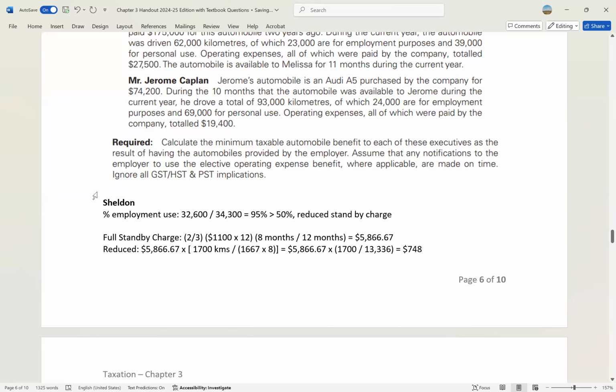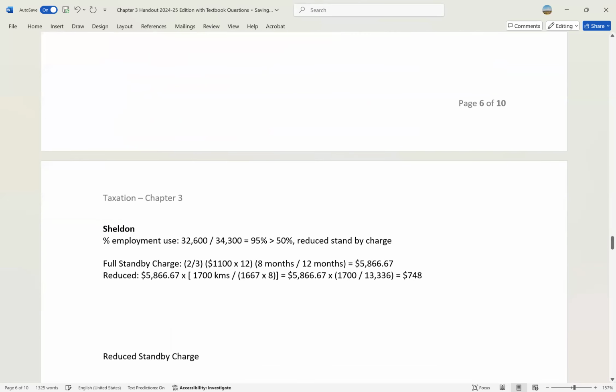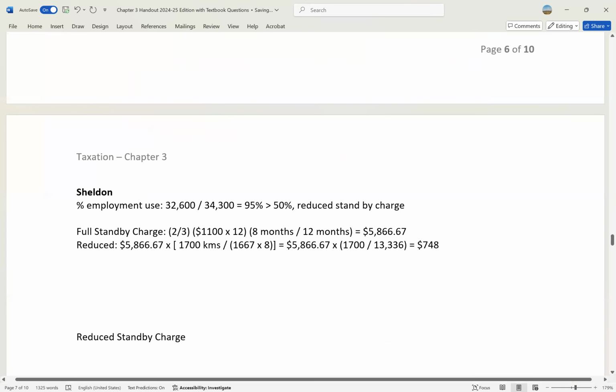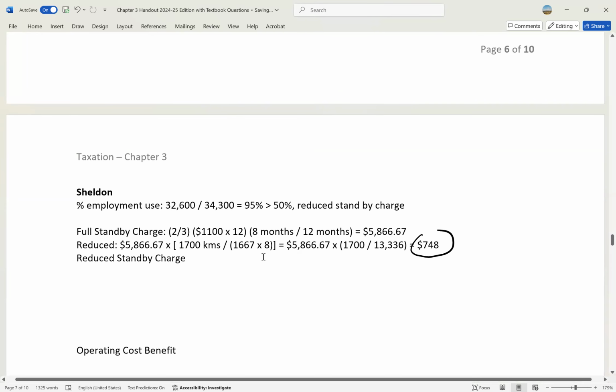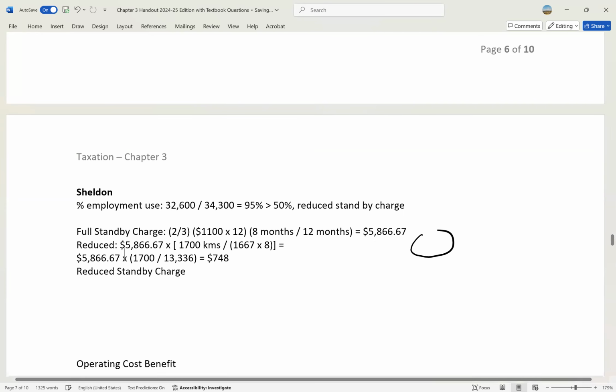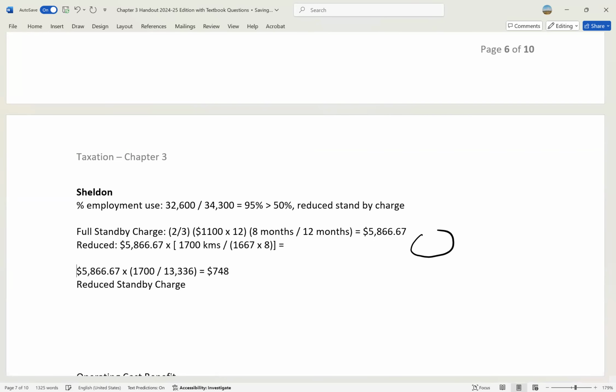I'm just going to put this on another page here so we can talk about this. So that is the reduced standby charge. It gets reduced all the way from 5,866.67 all the way down to 748. And the reason for that is because of this here.